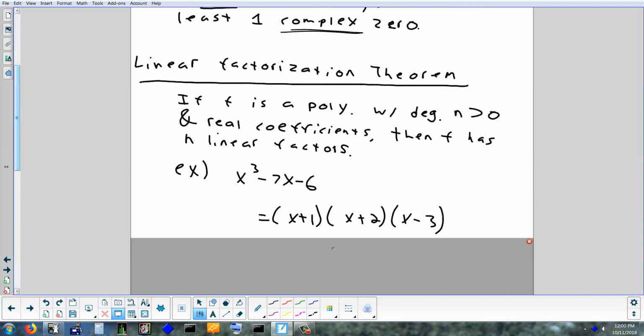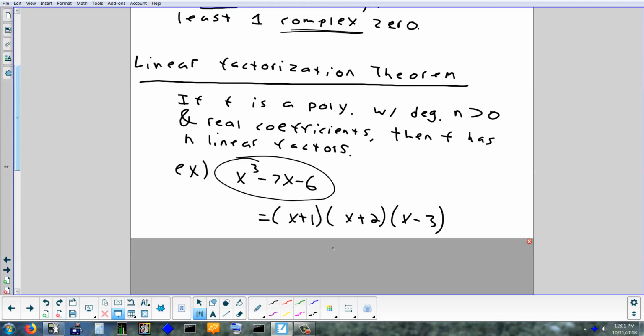Now, how would you figure out how to factor something like this? At this point, I've taught you what you need to know to factor a problem like that. You have to use the rational root theorem. Look at all your factors of 6, plus or minus 1, plus or minus 2, plus or minus 3, plus or minus 6, and you would have to use synthetic division twice.